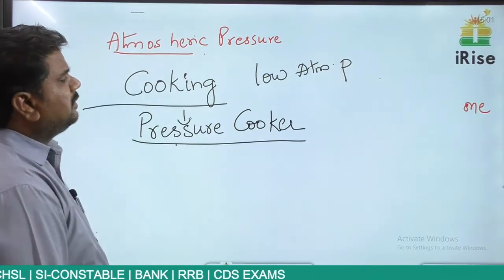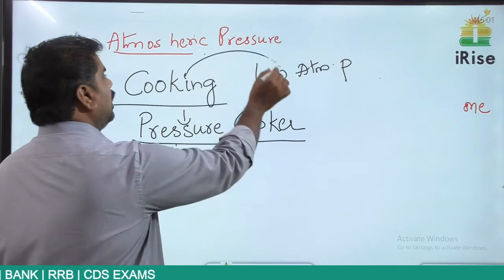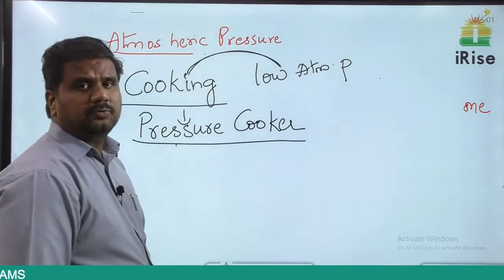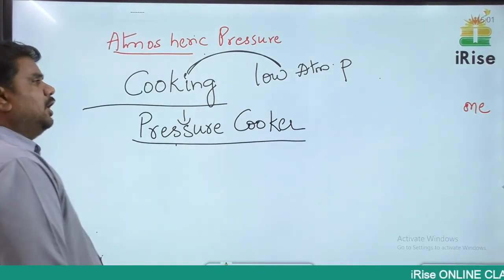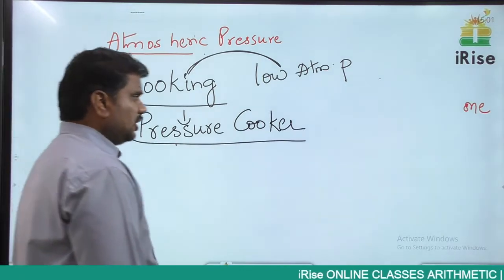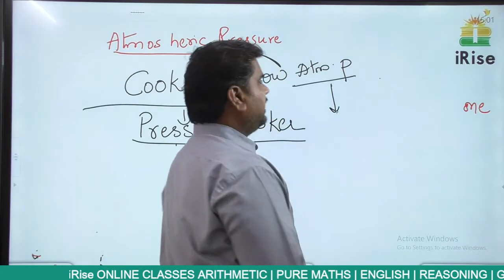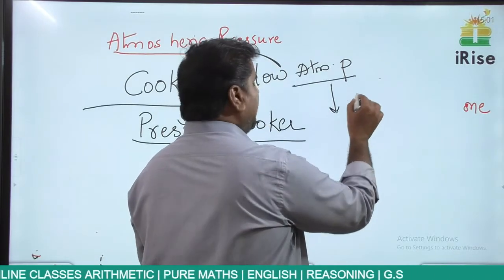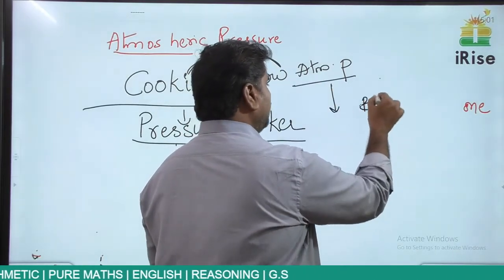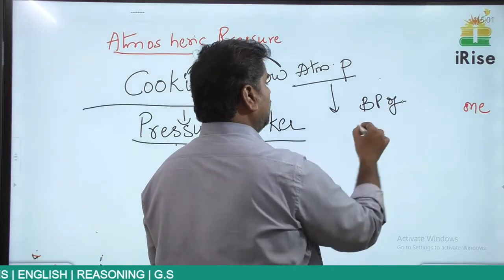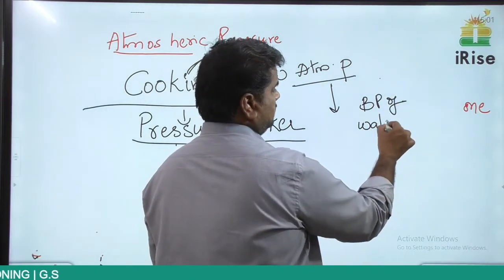So what is the relation between cooking and low atmospheric pressure? As the atmospheric pressure decreases, the boiling point of water also decreases.